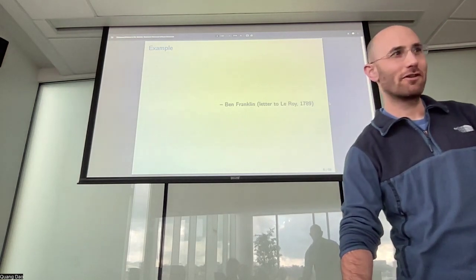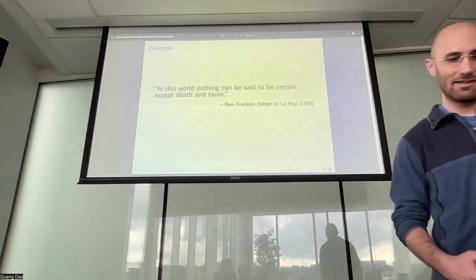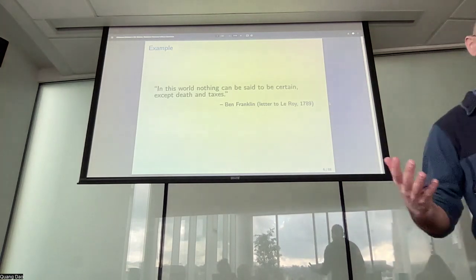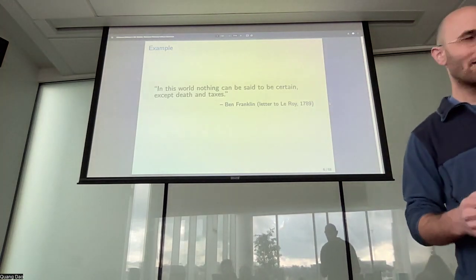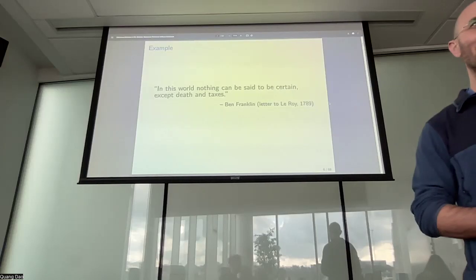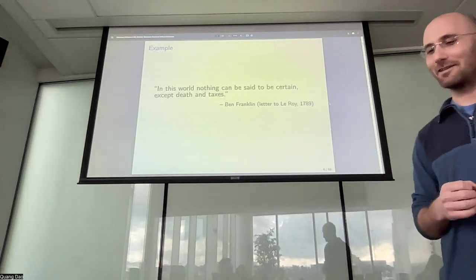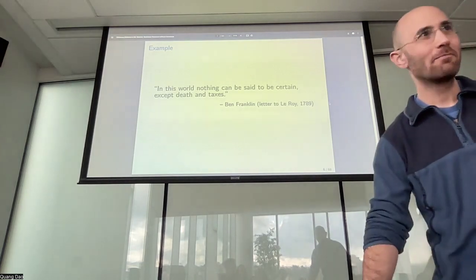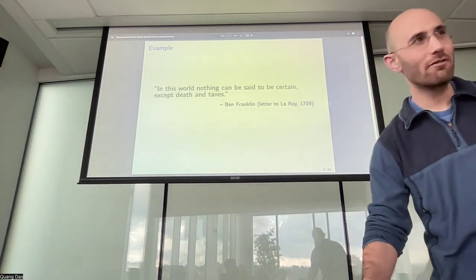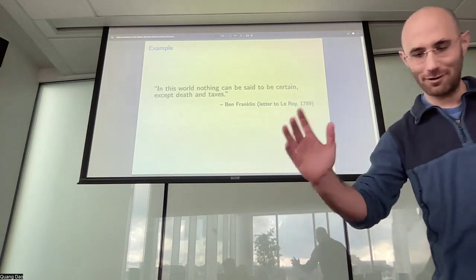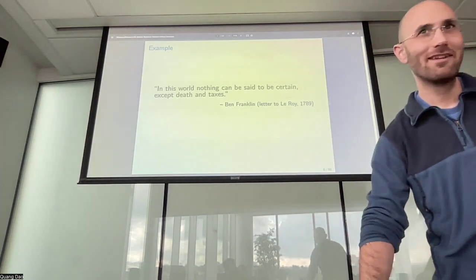So one thing we know for certain is that in this world, nothing can be said for certain except death and taxes. So, okay, let's see an example that talks about backdoors in machine learning related to taxes, because we know that in the future there'll still be taxes.